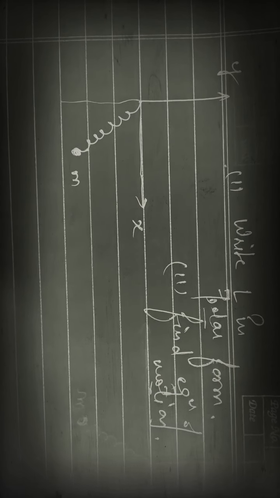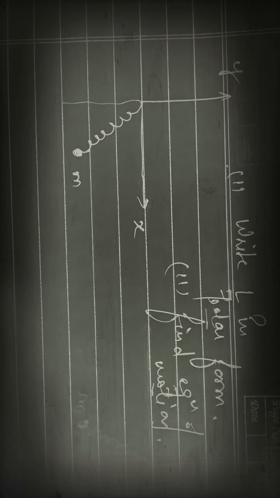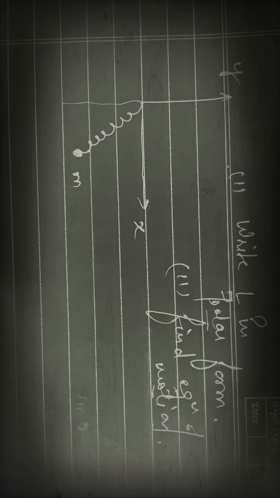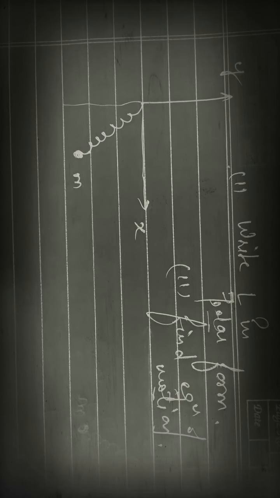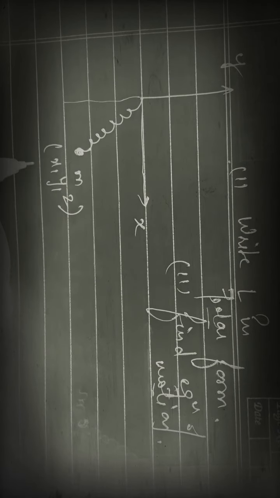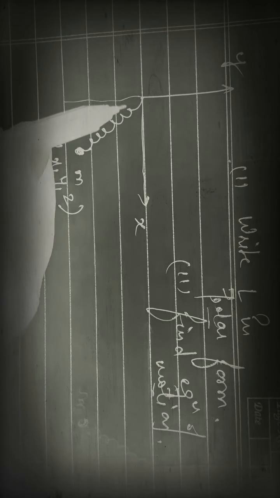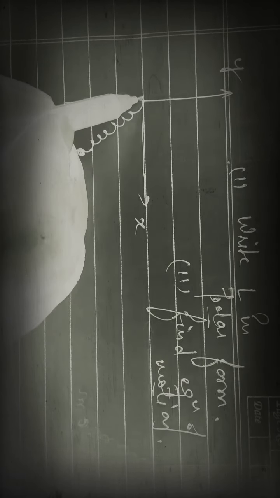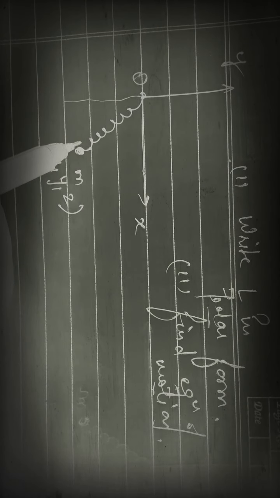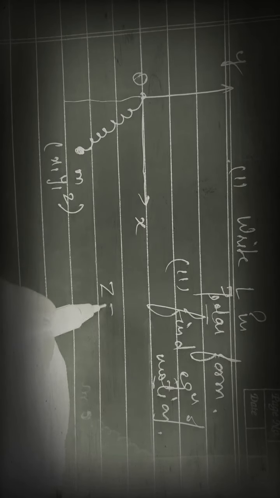For writing the Lagrangian, we know the first step is writing the equation of constraint. Treat this particle as a free particle, a bob attached with a spring to the origin, and it is only able to move on the xy plane. It can't go in the z direction, so z will be 0.